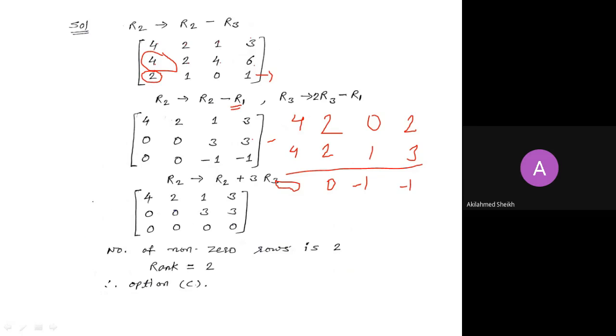Next, if you observe these diagonal elements, now this is the next step. These two elements become 0. Now we have to make this minus 1 into a 0 element.